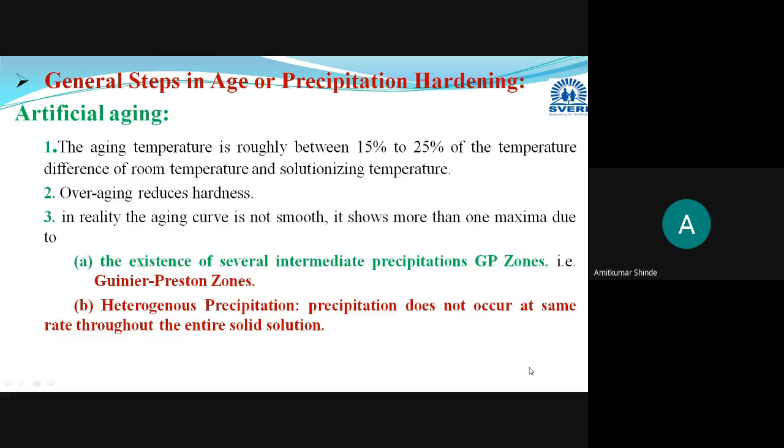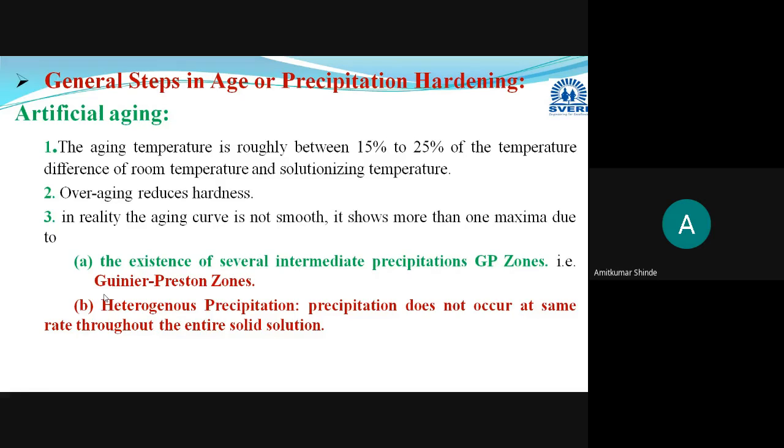Due to the existence of the intermediate phases, which are termed as GP zones. GP zone means intermediate phases or intermediate precipitation particles, and it is known as the Guinier-Preston zone. That is the name given.